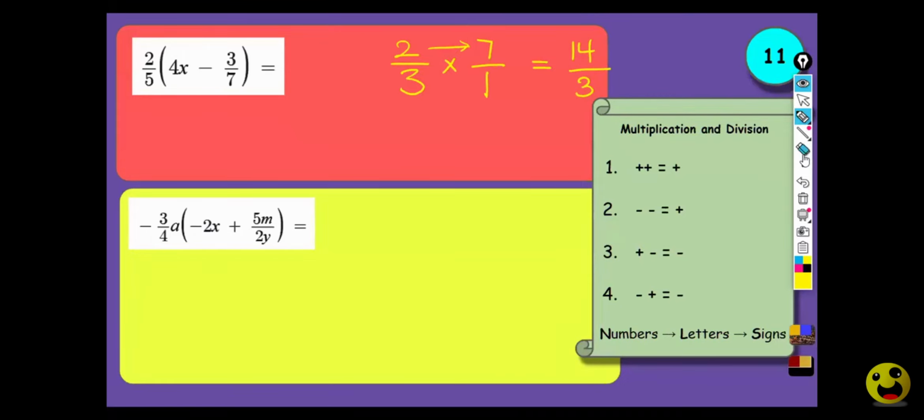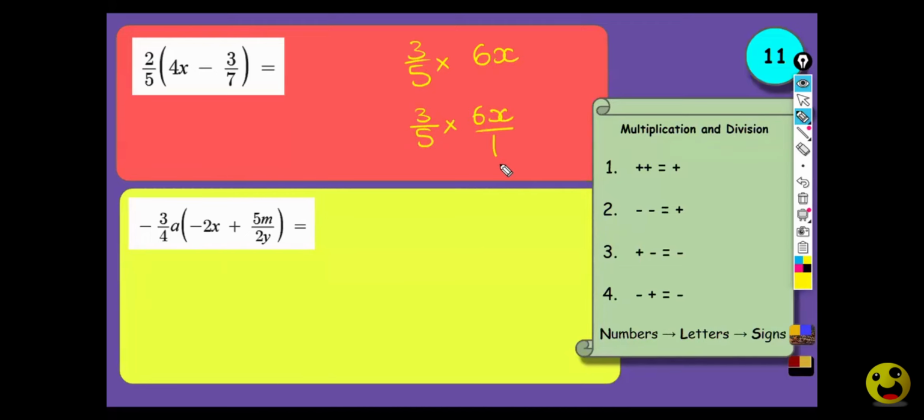So, once again, if letters get involved, for example, if I have 3/5 multiplied by 6x. 6x is not a fraction, but isn't this the same thing as 3/5 multiplied by 6x on 1?